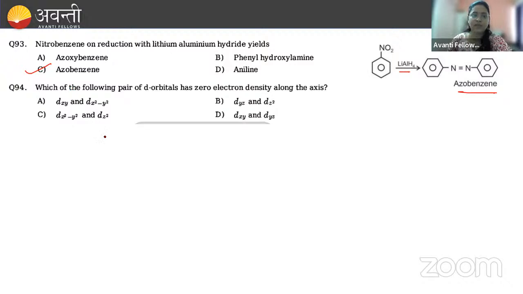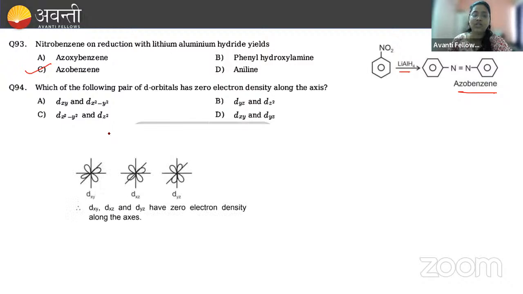Okay. Next problem. Which of the following pair of d orbitals has zero electron density along the axis? Zero electron density along the axis we want. So we need to consider orbitals which are in between the axes.